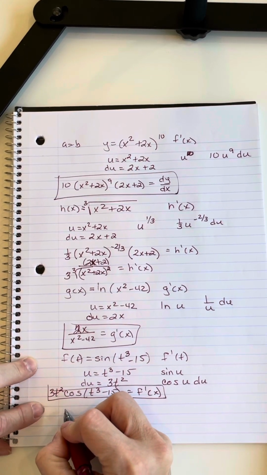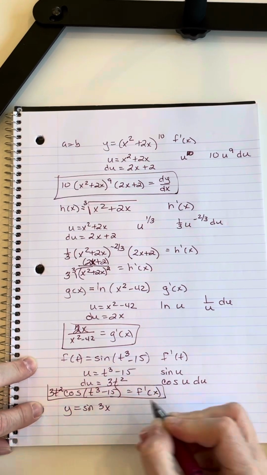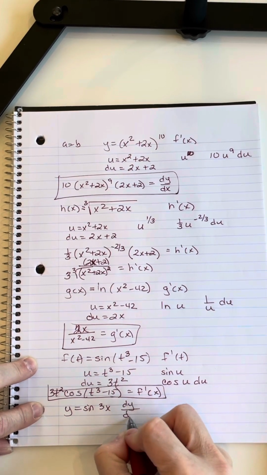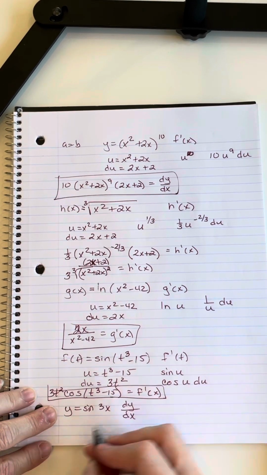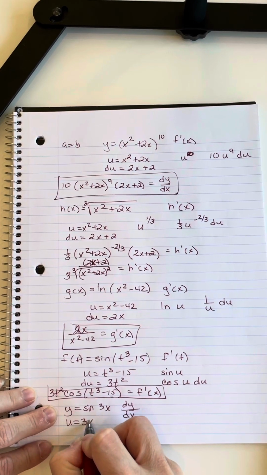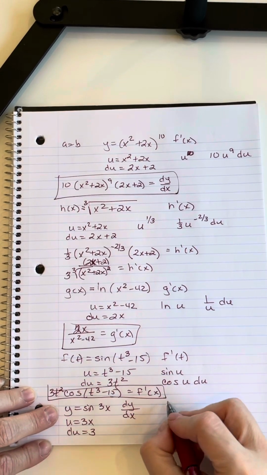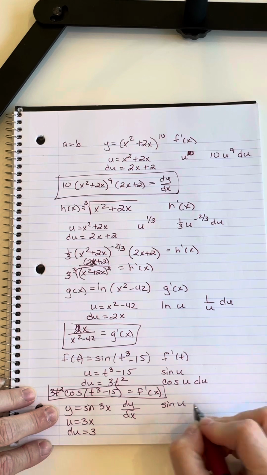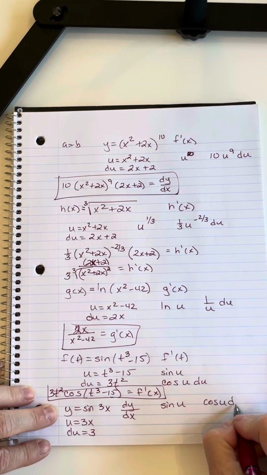They give us y equals sine cubed x. Find dy over dx. So we are going to u equals 3x. The derivative of that is 3. That's the sine of u. Sine goes to cosine of u du.